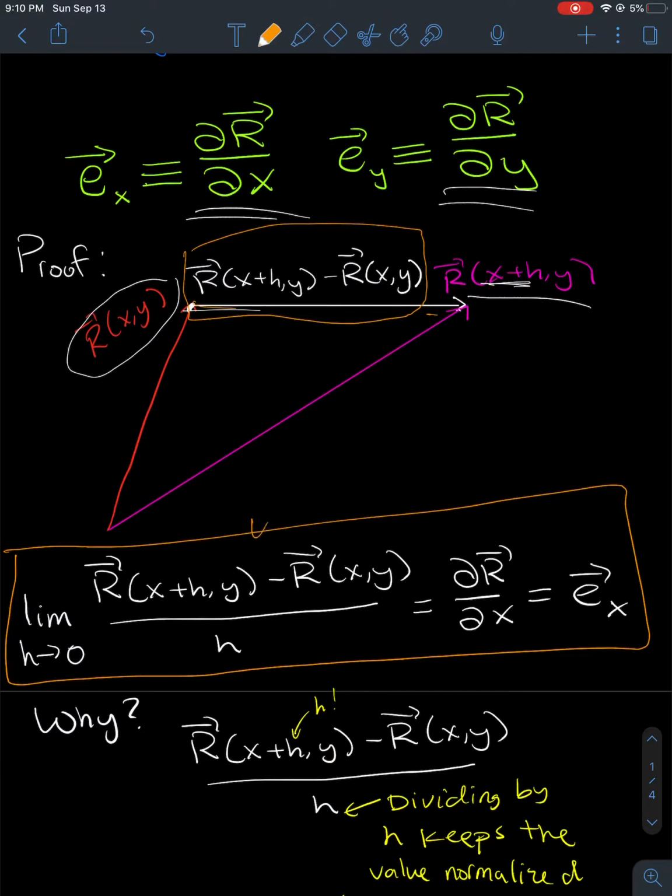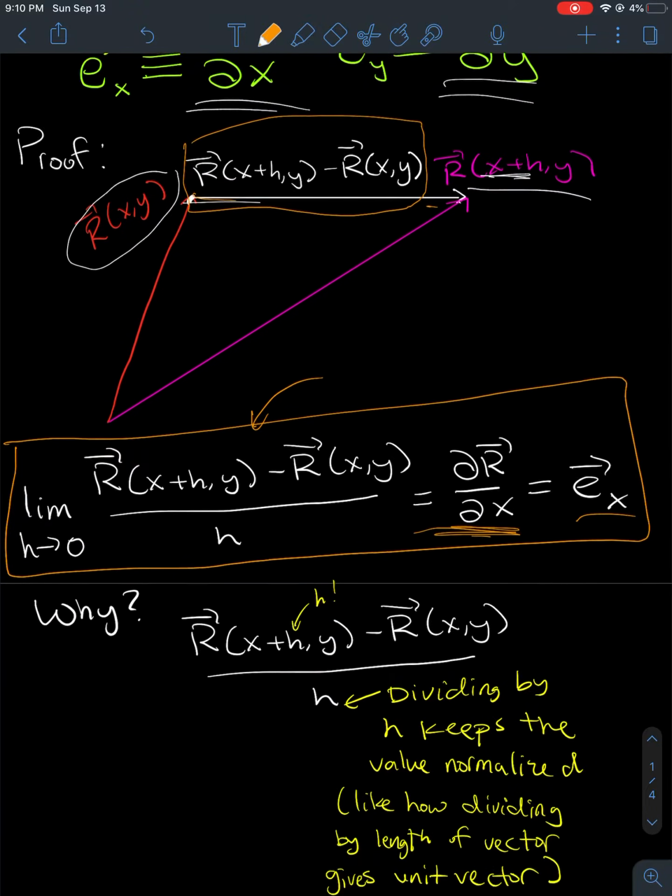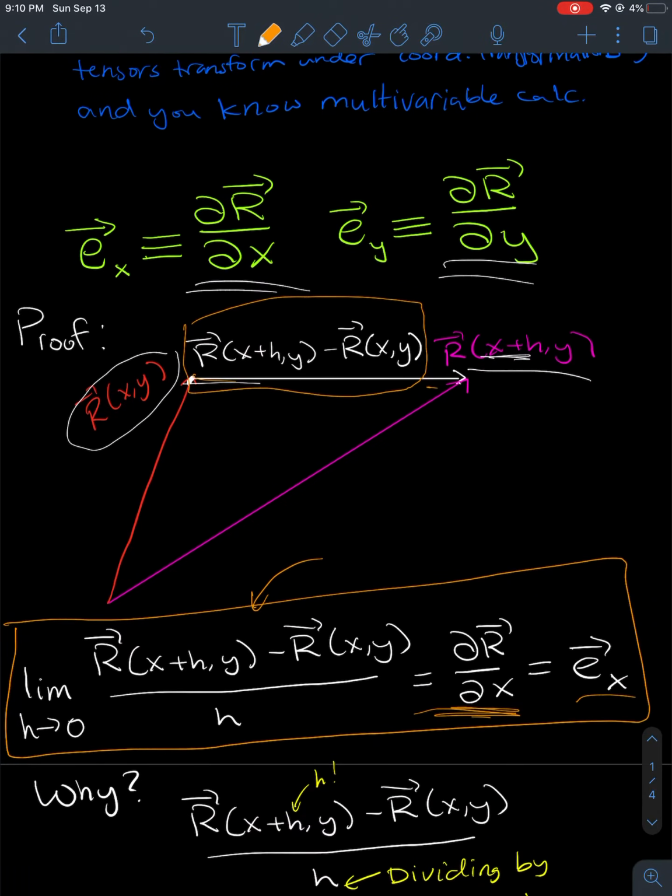So when we take the limit, we get the partial derivative of R with respect to x, which would equal the EX basis vector. The EX basis vector is just a unit vector in the x direction of Cartesian coordinates x, y.